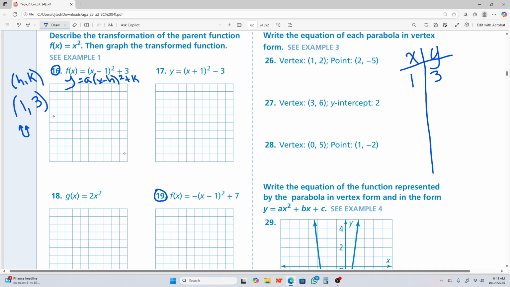So let's see. Oops, let me erase that. I can't draw a straight line. Come on, straight line, work with me.